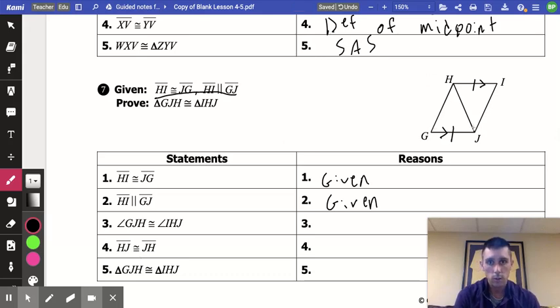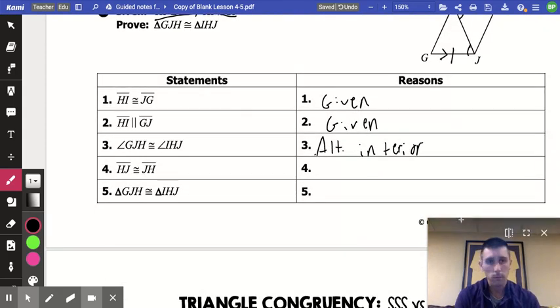G, J, H, so right here, and I, H, J, this one right here. What are those type of angles? They're on alternate sides of this line, dealing with parallel lines, so they're alternate. Alternate what? They're inside the shape, so interior angles, all right? So that's how we know. Alternate interior angles for those.